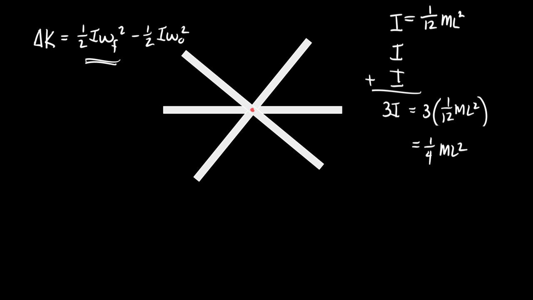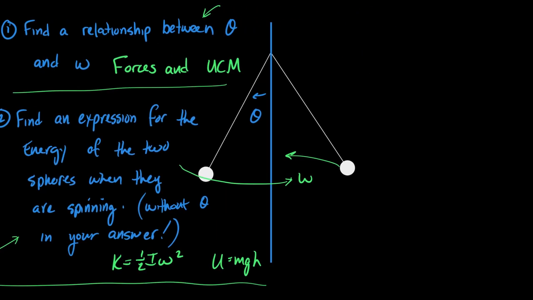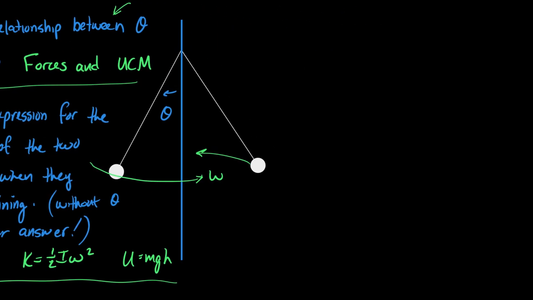Thank you. You're welcome. So question 1, the thing is spinning. I want you to find a relationship between omega and theta. L and M can be in your answers if necessary, and probably G and stuff like that, universal constants.